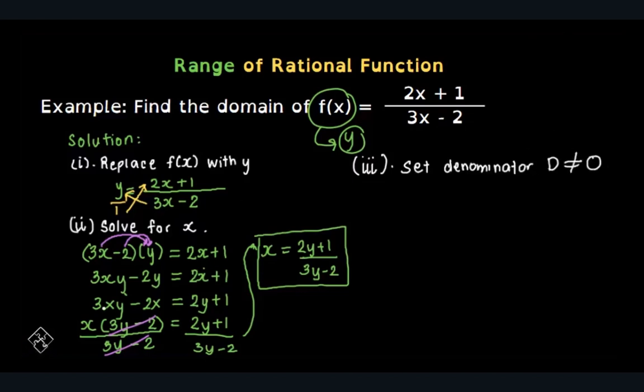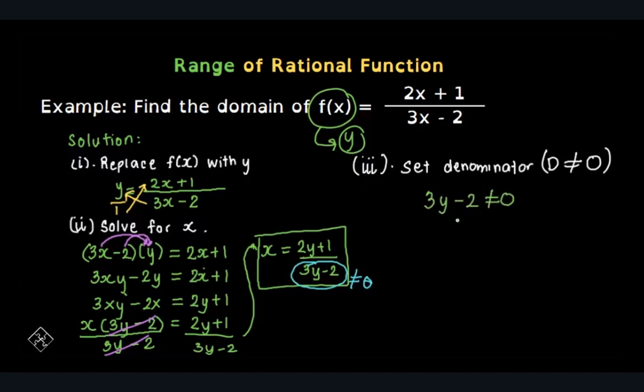Not equal to 0. Okay? So, meron tayo ditong kanina x, di ba? Nagawa na natin. By the way, ito yung x natin. Ang denominator is 3y minus 2. Okay, dapat yan ay not equal kay 0. So, isulat natin dito yung 3y minus 2, and that is not equal to 0.